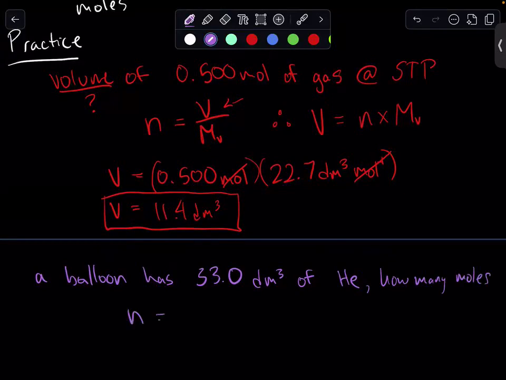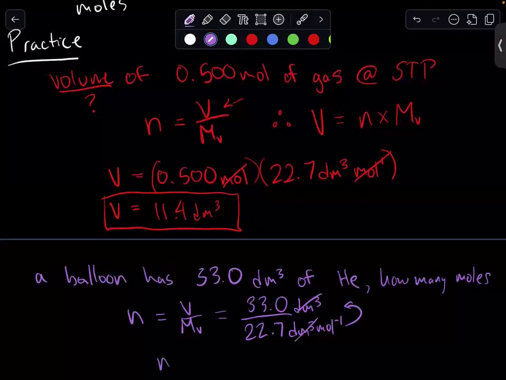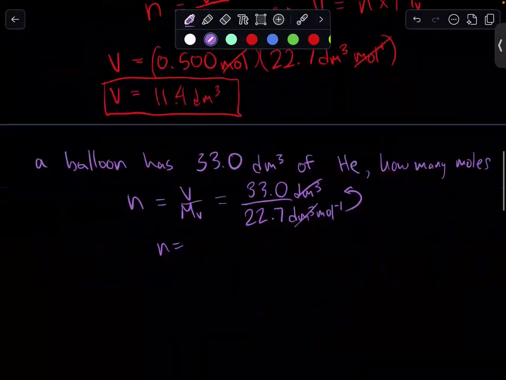In this equation, we can just solve for n equals V over molar volume, which is just 33.0 decimeters cubed divided by 22.7 decimeters cubed mole inverse. Decimeters cubed will cancel out. Mole inverse will come to the top, and we get moles equal to 1.45 mole of helium.